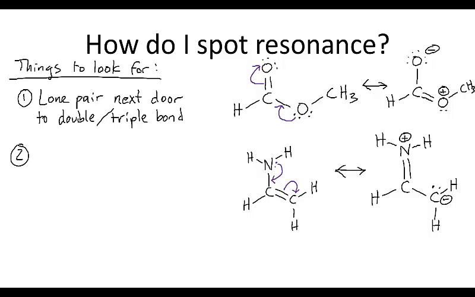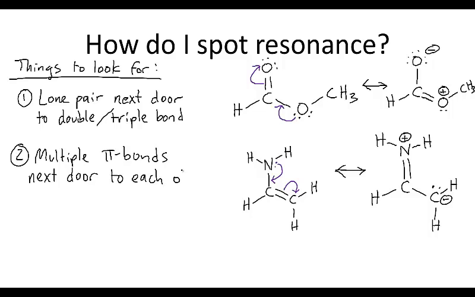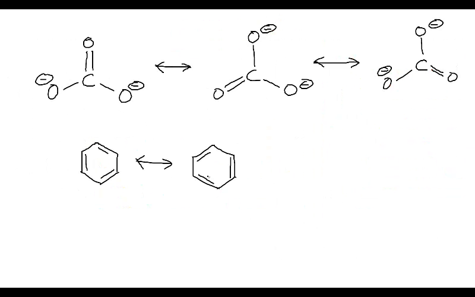Second thing to look for would be multiple pi bonds next door to each other. So we've already seen one example of that. Looking back, you see an example of multiple pi bonds next door to each other.